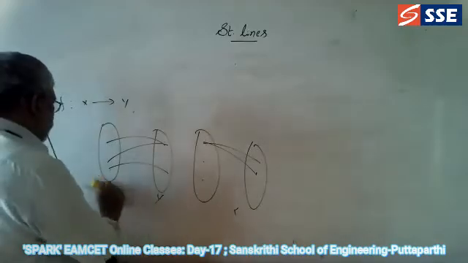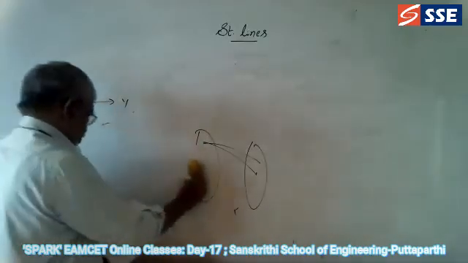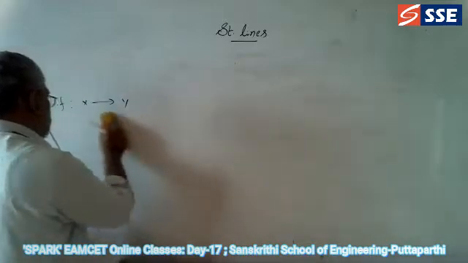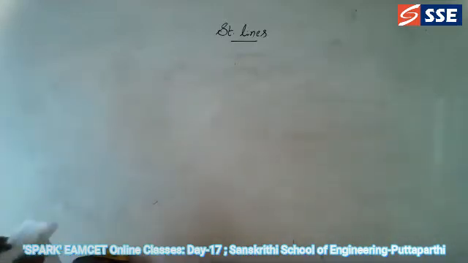And we went to the types of functions, and many functions we have seen. Identity function: if it goes x to x, for every x there is an x, it is a unique function, the identity function.